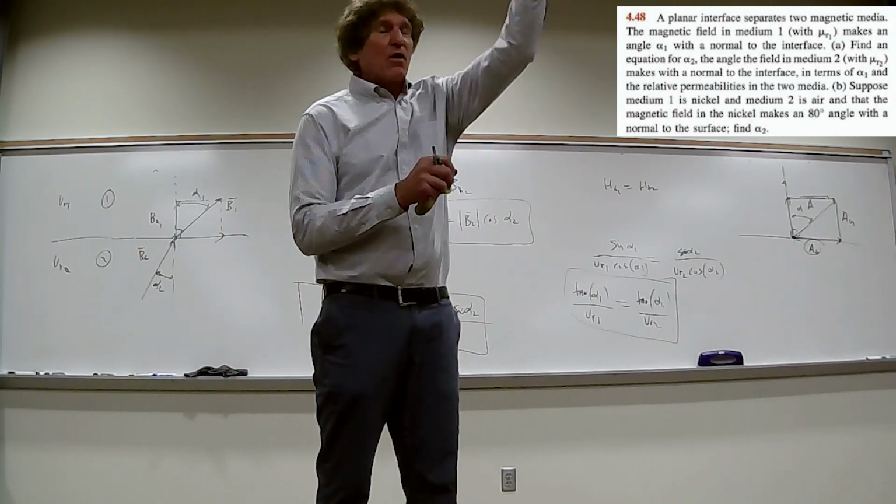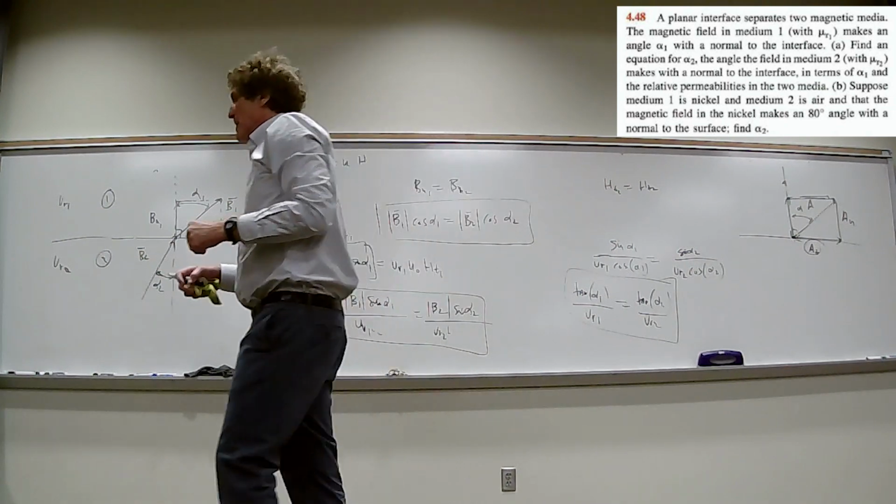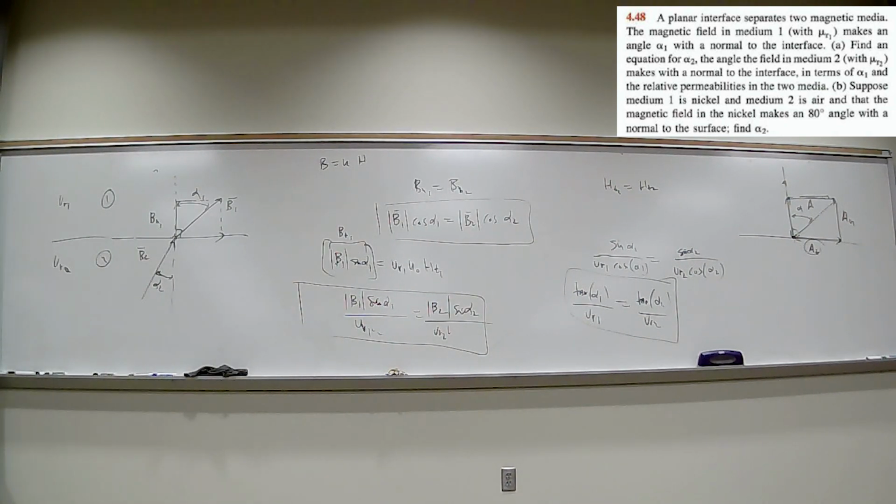I want to do a problem, if I have time, with numbers. Let's see which one we can do. It doesn't matter. He does a surface current density, and the next one, I'm going to give you some of these for homework.